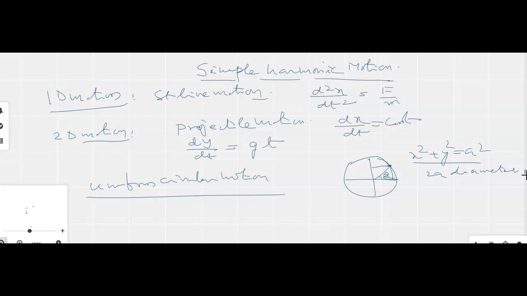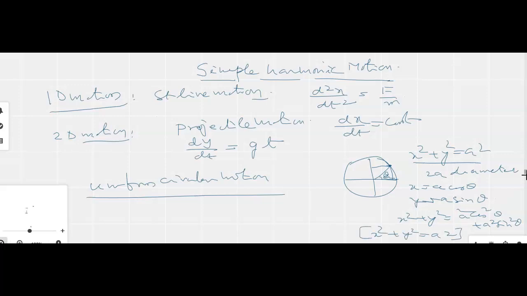If this angle is theta, then the projection on x is a cos theta and on y is a sin theta. This gives x square plus y square is equal to a square cos square theta plus a square sin square theta, and since cos square theta plus sin square theta is 1, we get x square plus y square is equal to a square.